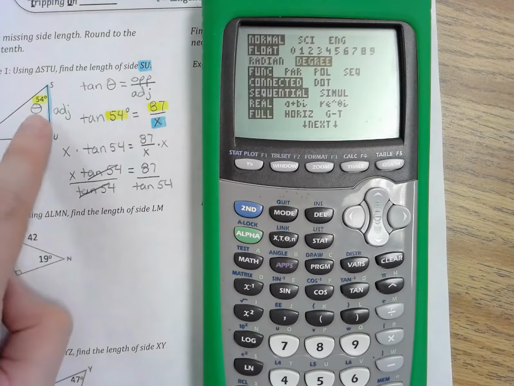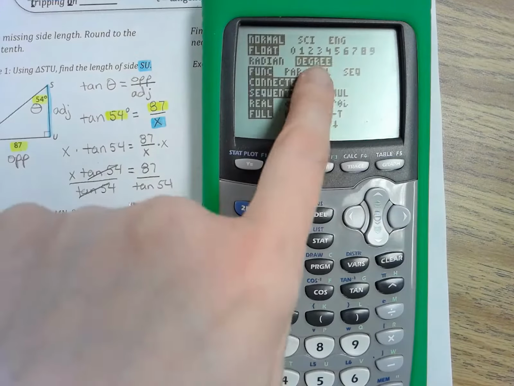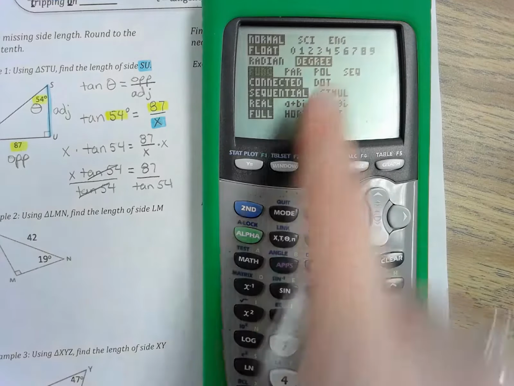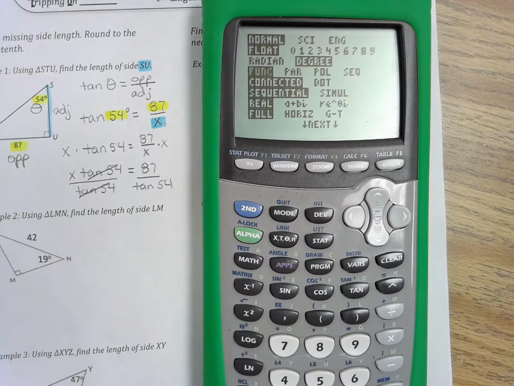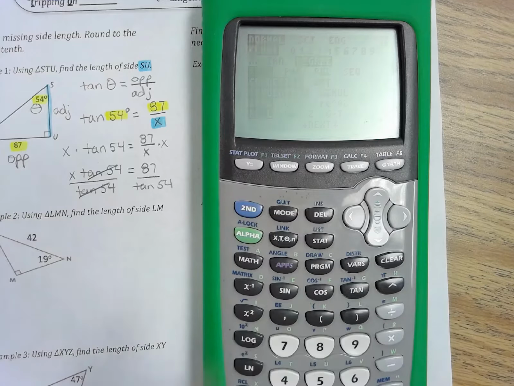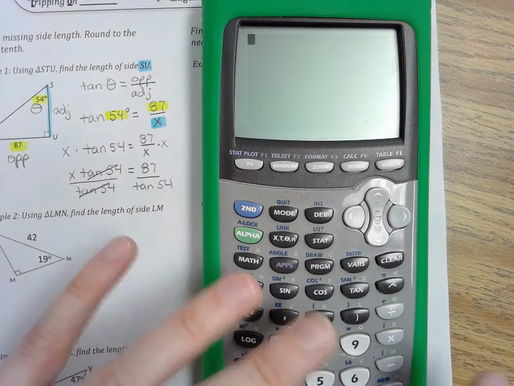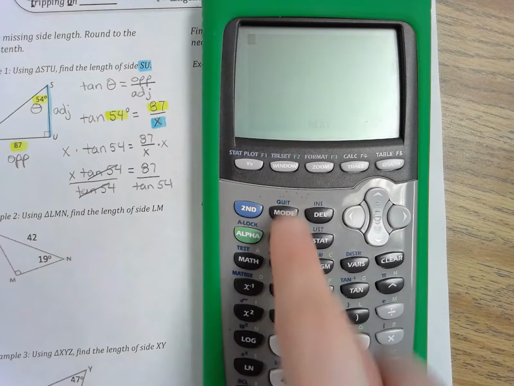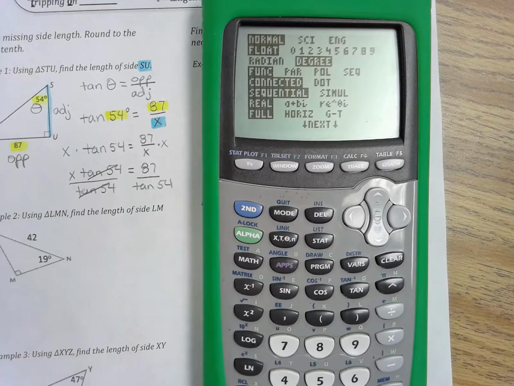These angle measures are in degrees, so that's why we select that in our mode. So when you have selected that, you can arrow down to make sure it really did select, and then do second quit to get out of that menu. We will not need to reset that every problem, because once it's set, it does stay in that mode. If you do a calculator reset, you will need to change the mode.